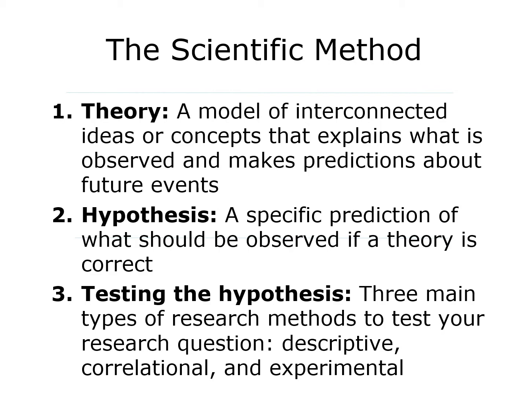It's your specific prediction of what should be observed if a theory is correct. So if my theory is correct, then I should observe my hypothesis itself. And then number three, we want to test that hypothesis. And in testing the hypothesis, we have to use one of three main types of research, either descriptive, correlational, or experimental. And we're going to talk about all three of those today.